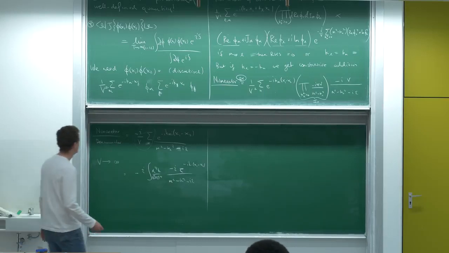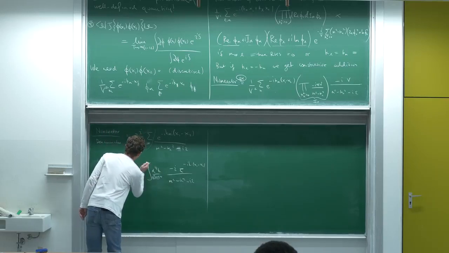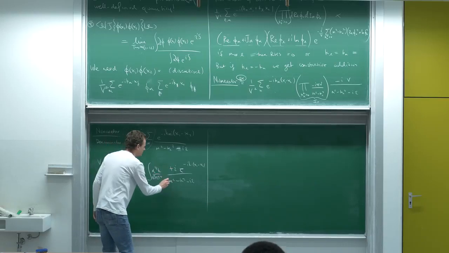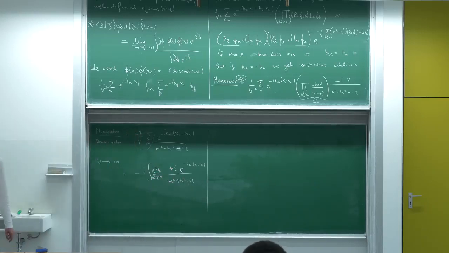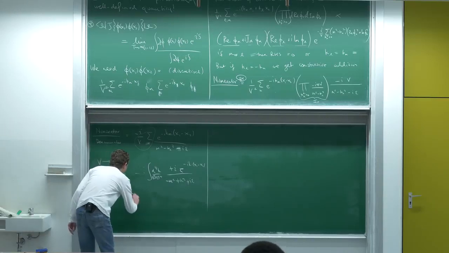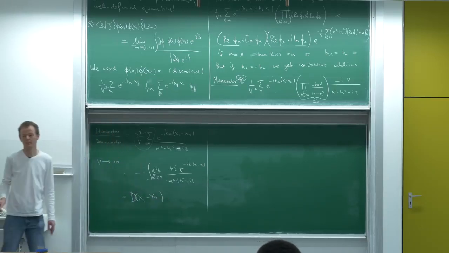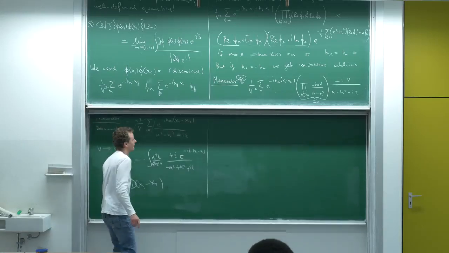Of course, this is the thing you know very well. You just have to put the plus signs in the right place. Then you get the propagator. Now, that's fantastic.